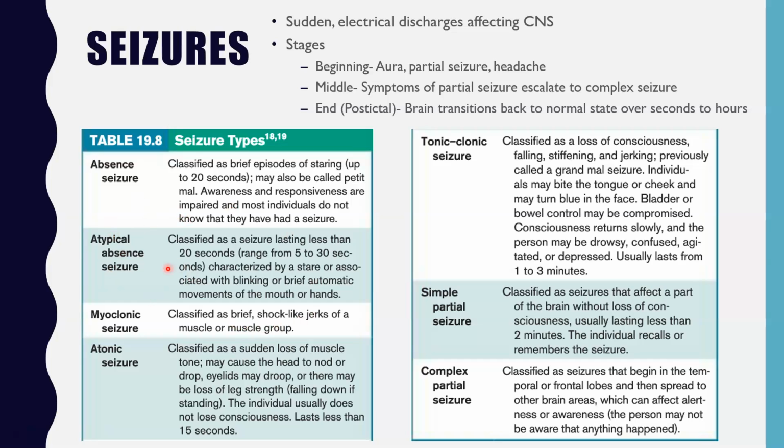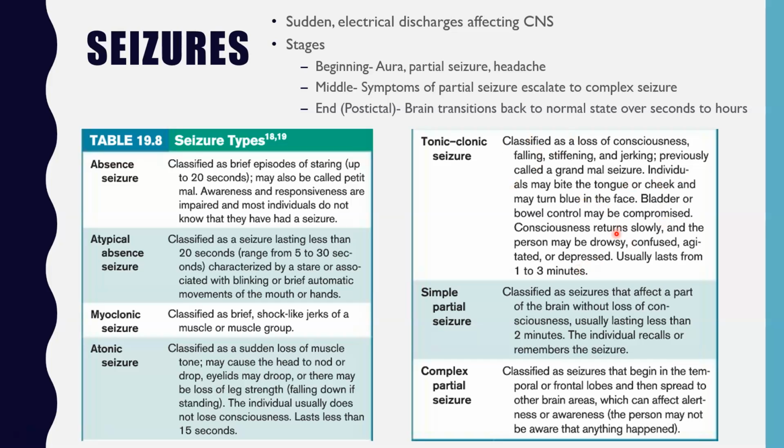There are atypical absence seizures that last less than 20 seconds, and these are an abnormal stare. Myoclonic seizures are brief shock-like jerks in a muscle group. Atonic seizures are a complete loss of muscle tone. And then tonic-clonic seizures are what you usually think of with an epileptic seizure, where you get loss of consciousness, falling, stiffening, and jerking.